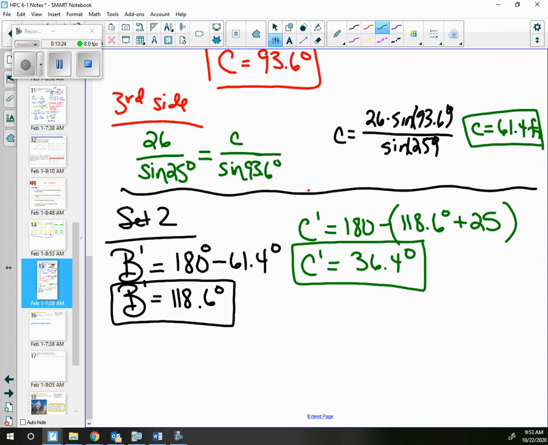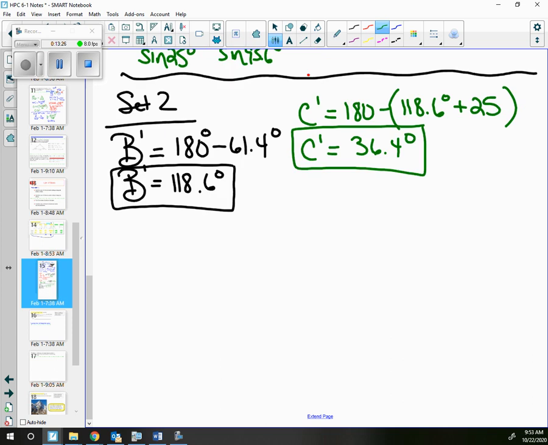Well, guess what? If angle C gets smaller, side C is going to get smaller as well. So we need to find our new side C. So little c, or we'll call it C prime, just so we can differentiate from the original, is to the sine of 36.4, our new angle C, as our side A, which was 26, is to the sine of angle A, which is 25 degrees.